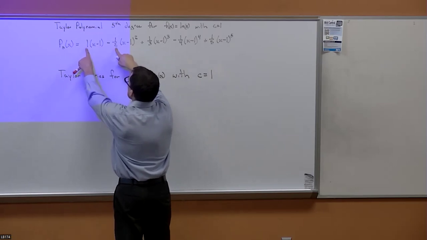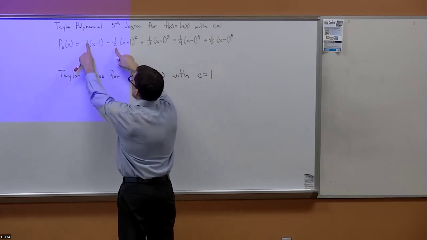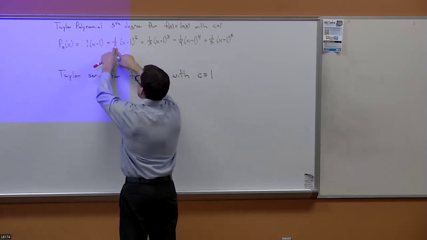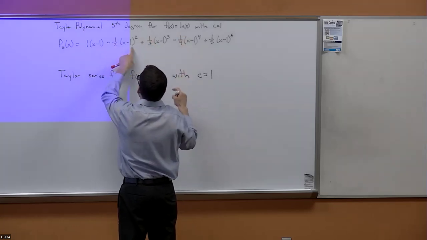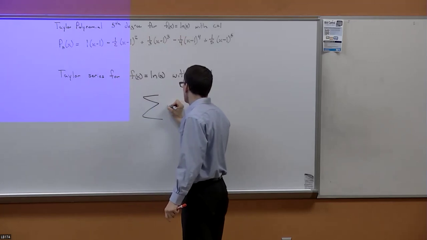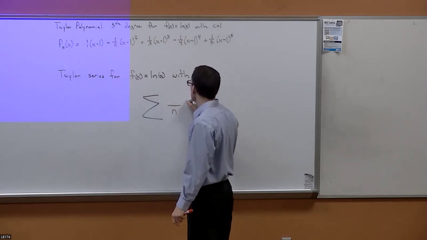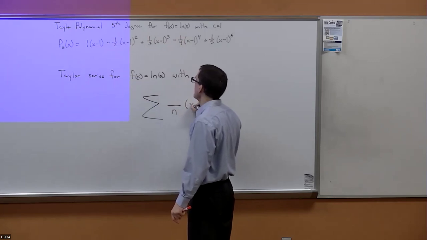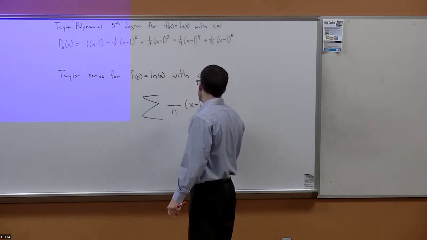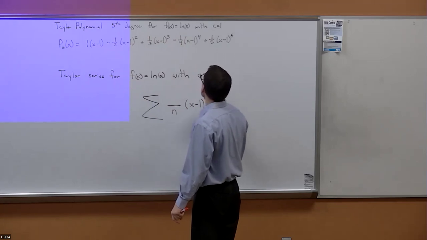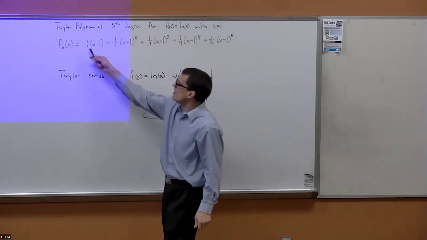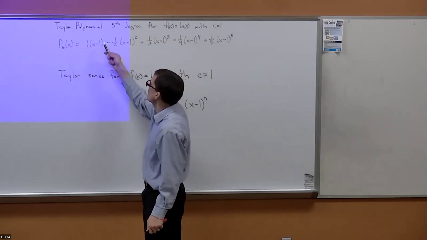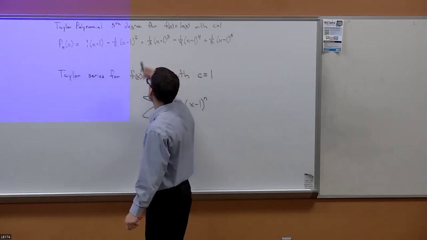What are these coefficients doing? This is 1/1, 1/2, 1/3, 1/4. Well, it's always going to be something over n times (x minus 1) to the nth power. And we're alternating back and forth between positive and negative.